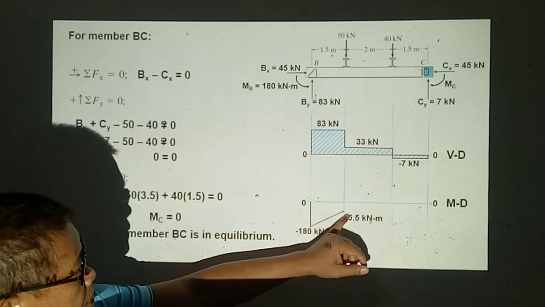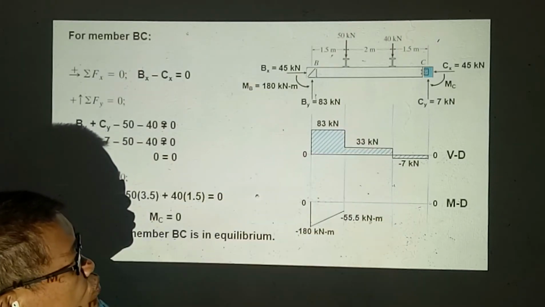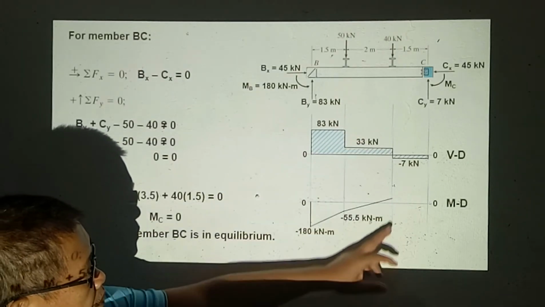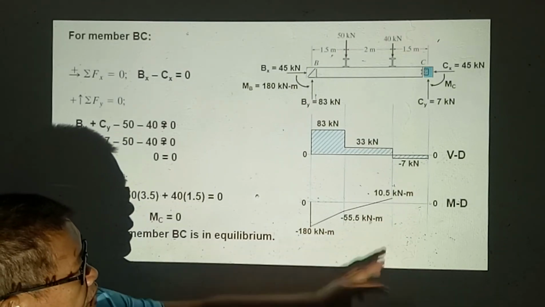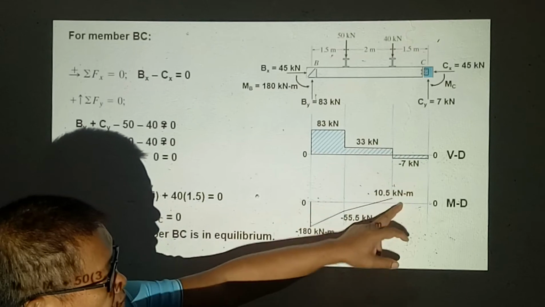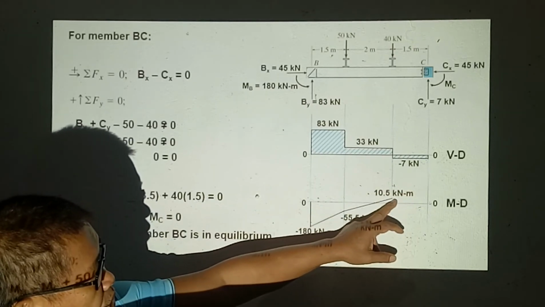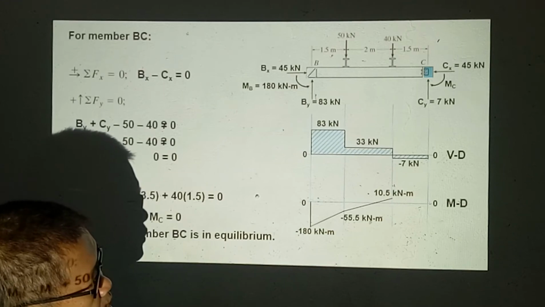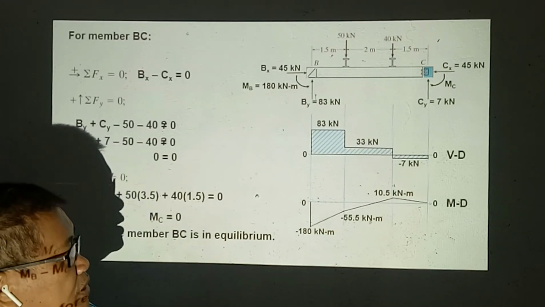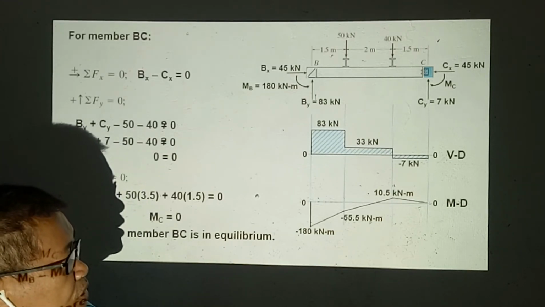Then this moment plus 33 times 2 will have positive 10.5 kilonewton meters. And then subtract this area, minus 7 times 1.5, from 10.5, and the value is 0. It goes back to 0 at point C.